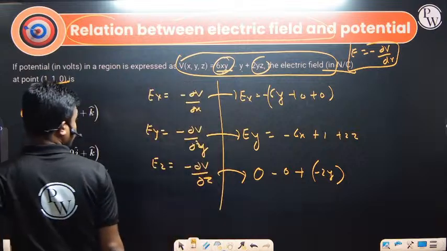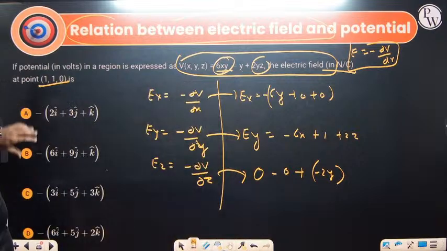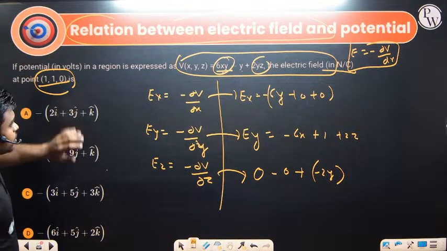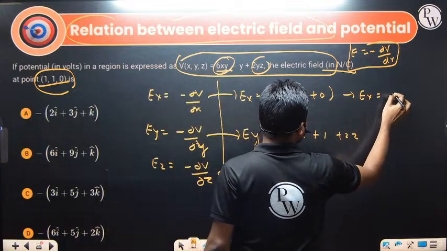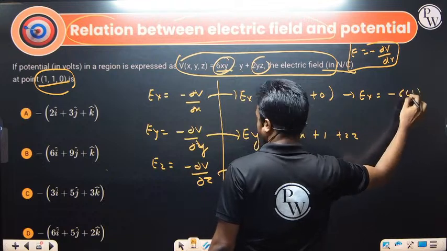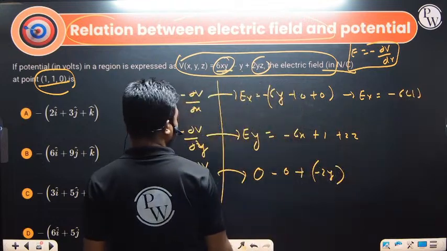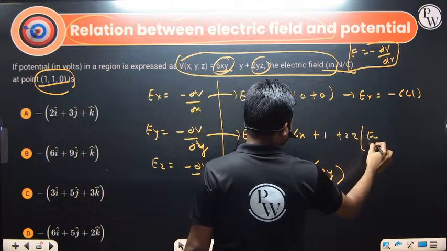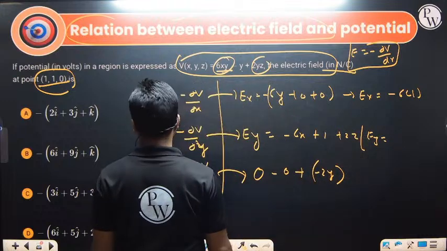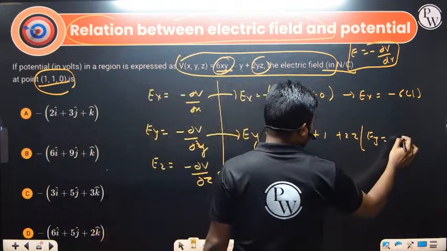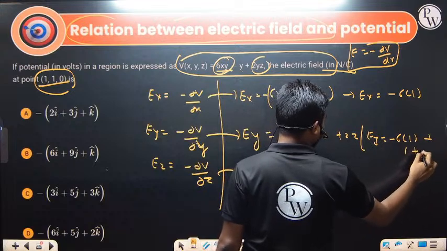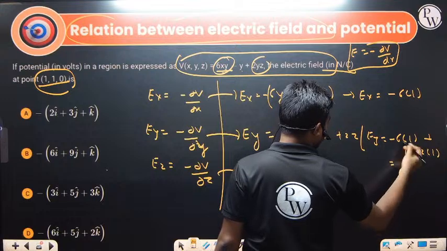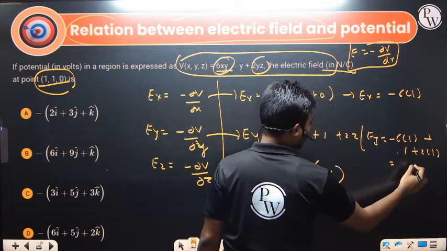Now putting the values 1, 1, 0. Ex will be given by minus 6 into 1. For Ey, putting x equals 1, y equals 1, z equals 0, we get 6 into 1 minus 1 plus 2 into 1, so minus 6 plus 2, we got 4.